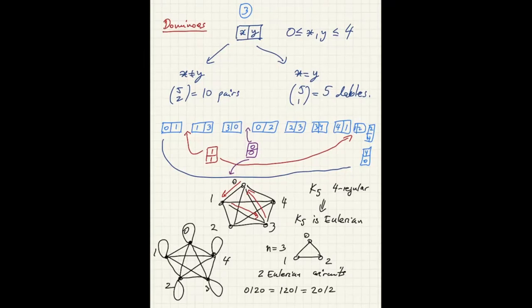And then you can write down the clockwise one: 0, 2, 1, 0. So there are 2 of them. That's easy for n equals 3. Well, how many are going to be for n equals 5? This is our question about the number of possible domino arrangements.